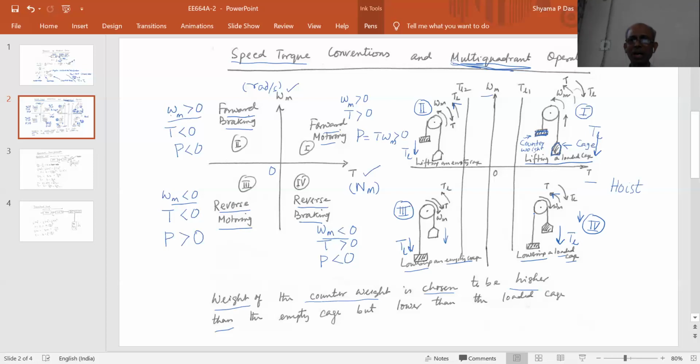So the drive has to operate in all four quadrants: forward motoring in the first quadrant, forward braking in the second quadrant, reverse motoring in the third quadrant, and reverse braking in the fourth quadrant. So this is the multi-quadrant operation of an electric drive.